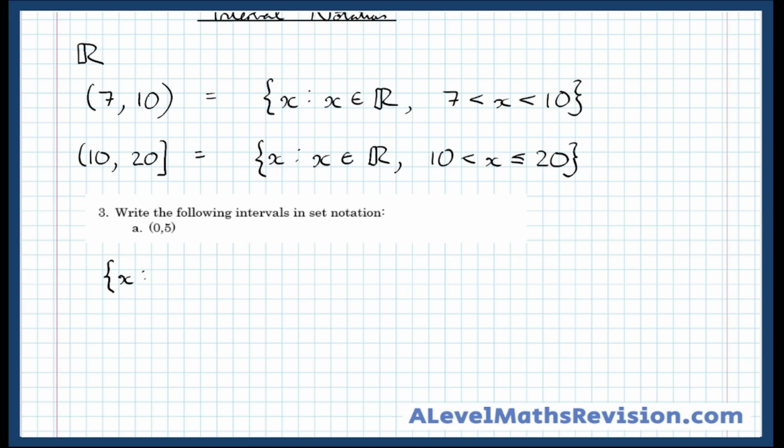It's the set of all x values, where x is a real number because it's an interval. Intervals are always real numbers. Where x lies between 0 and 5. And we can see that with the curvy brackets, it's strictly between 0 and 5, i.e. not equal to inequalities. So that's part A, the first one.